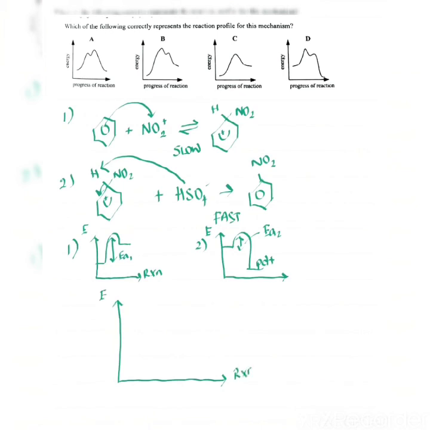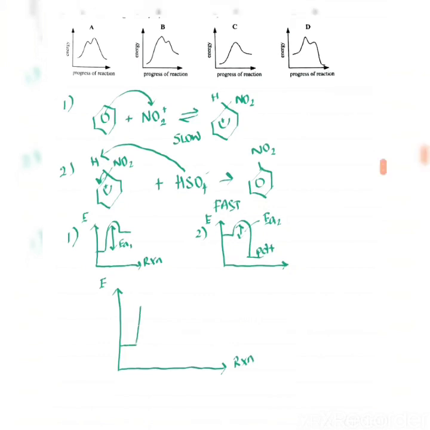Okay, so this is an exothermic process with two steps inside. So the first one is going to be like this, then it will take another turn because of the second reaction, then it will end off here. So this EA is attributed to your first reaction, so you can call it EA1, and this is EA2. Therefore, the answer here is option D.